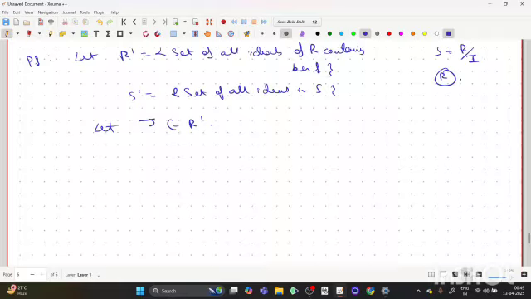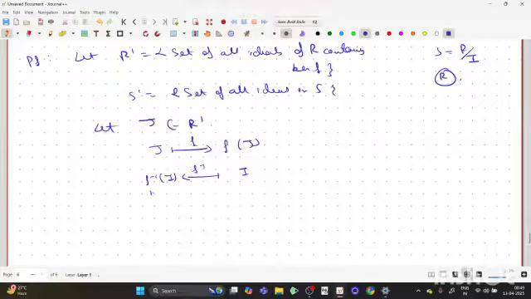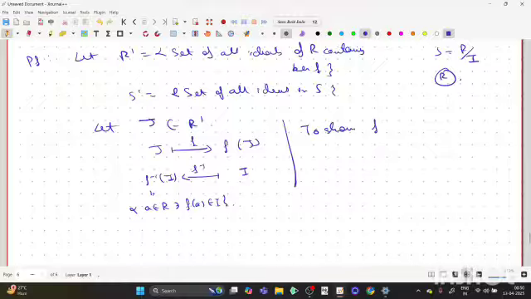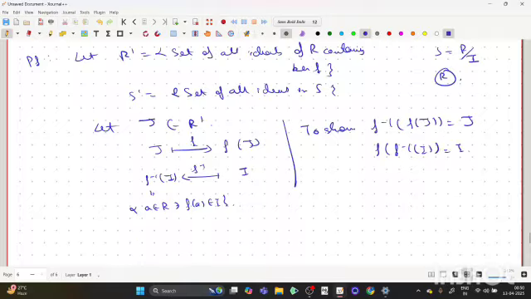Then J will be mapped to f of J under f, and an ideal I will get mapped under the inverse to f inverse of I. f is given to be a surjection, so we can talk about pre-images. What is this set? It is the collection of all the elements a in R such that f of a is contained in I. So to show the correspondence, what we actually need to show is that f inverse of f of J is equal to J, and f of f inverse of I is equal to I.